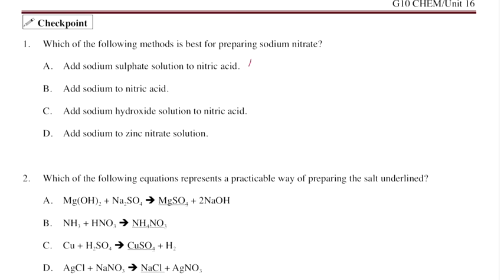If we write it out, we have sodium sulfate reacting with nitric acid. Both of them are soluble, so they contain mobile ions, and if a double displacement reaction can take place, let's assume what the product would be. It will be sodium nitrate plus sulfuric acid.